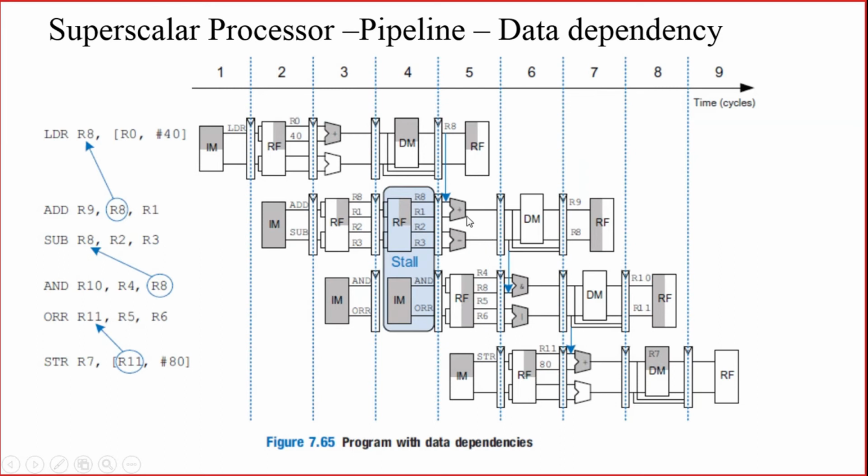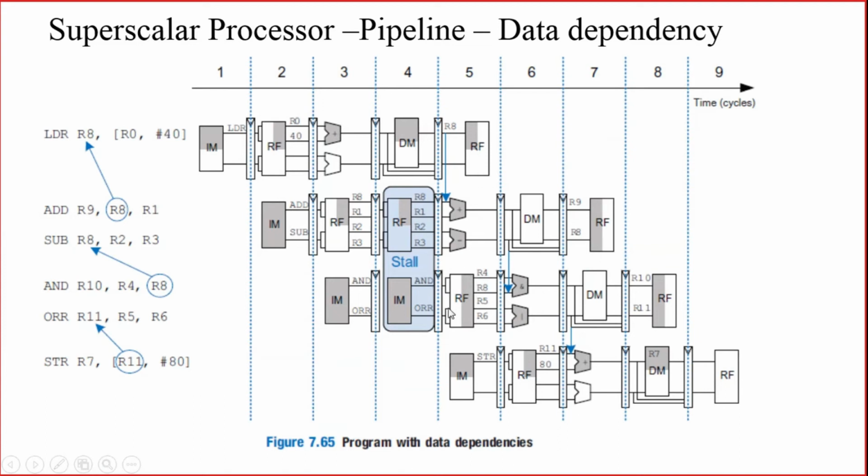In the case of a load instruction, the result will be available after the data memory access stage. But in arithmetic or logical operations, the result will be available after the execution stage itself. Your R8 will be available after the execution stage. So according to the timing diagram, in the sixth cycle, that is after the fifth cycle, R8 is available. So R8 can be taken to the execution stage.